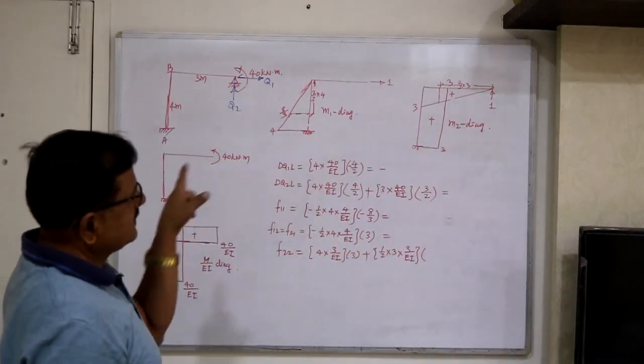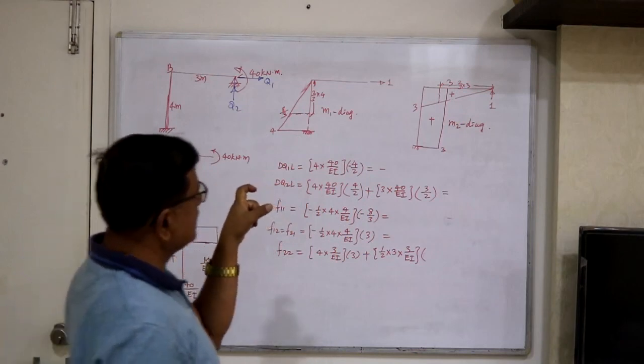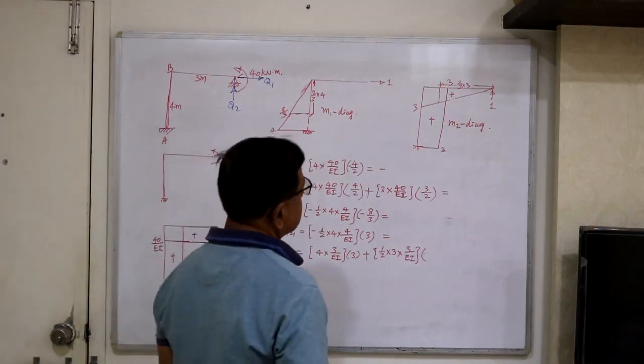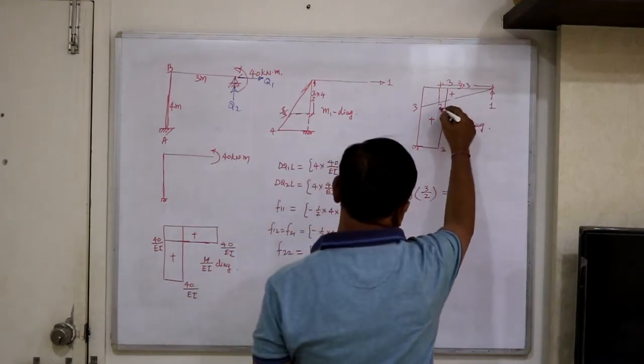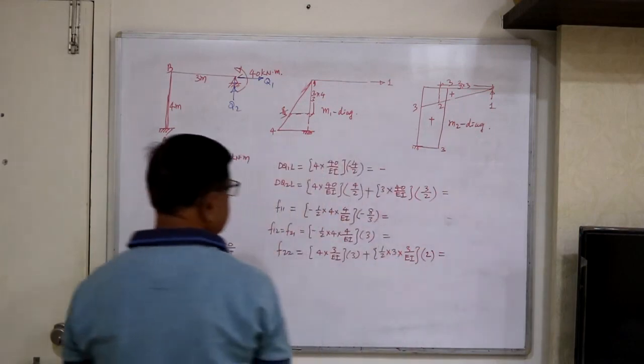So this divided by 3 equals this divided by 3, so this is 2. That means the ordinate is 2. So you find out this.